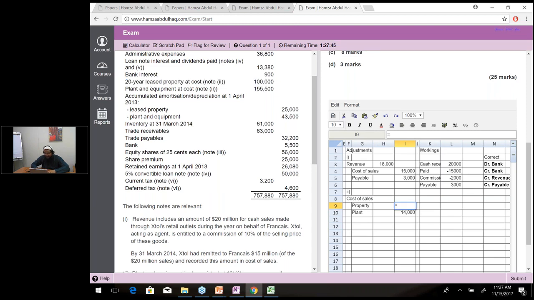So we can simply say 100,000 divided by 20 years is the depreciation on the property. So the total depreciation is the sum of both of these, which is 19,000. So this is what was to be done in the adjustment number 2, a pretty straightforward adjustment. There was nothing technical in this.